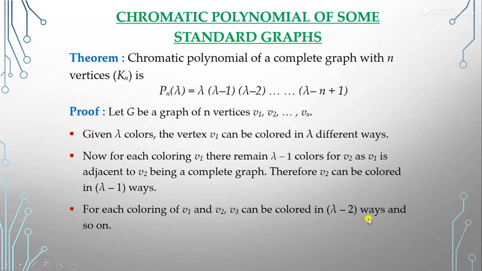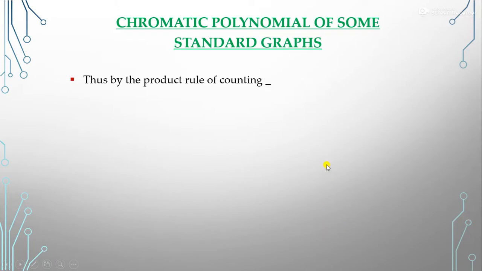So we take lambda colors for the first vertex, lambda minus 1 for the second vertex, lambda minus 2 for the third vertex, and so on. So by the product rule of counting, the chromatic polynomial will be lambda, lambda minus 1, lambda minus 2, up to lambda minus n plus 1. So this will be the chromatic polynomial of a complete graph.